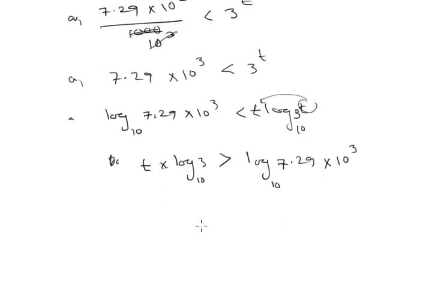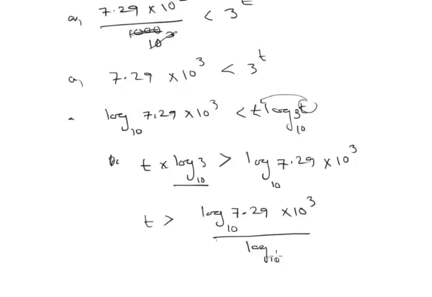So we will get t is greater than, if we take this to the right hand side, log base 10 of 7.29 times 10 to the power 3 divided by log base 10 of 3.